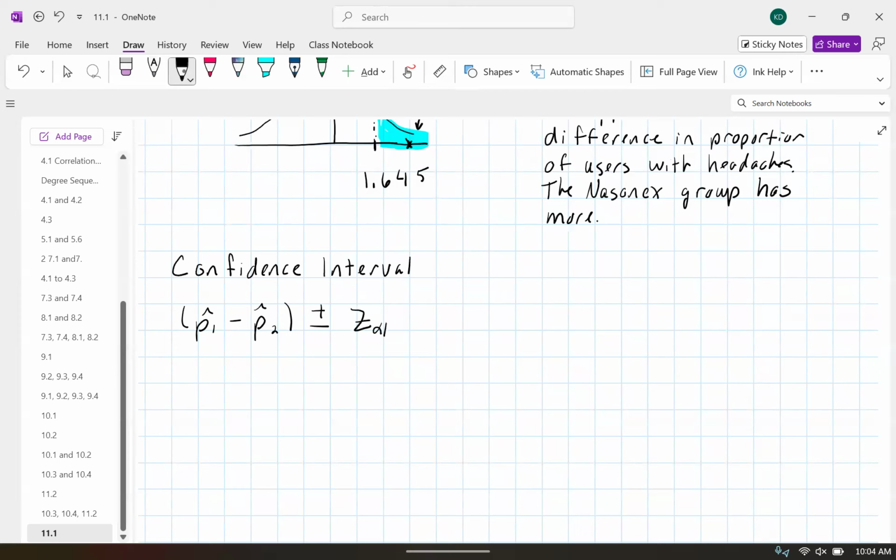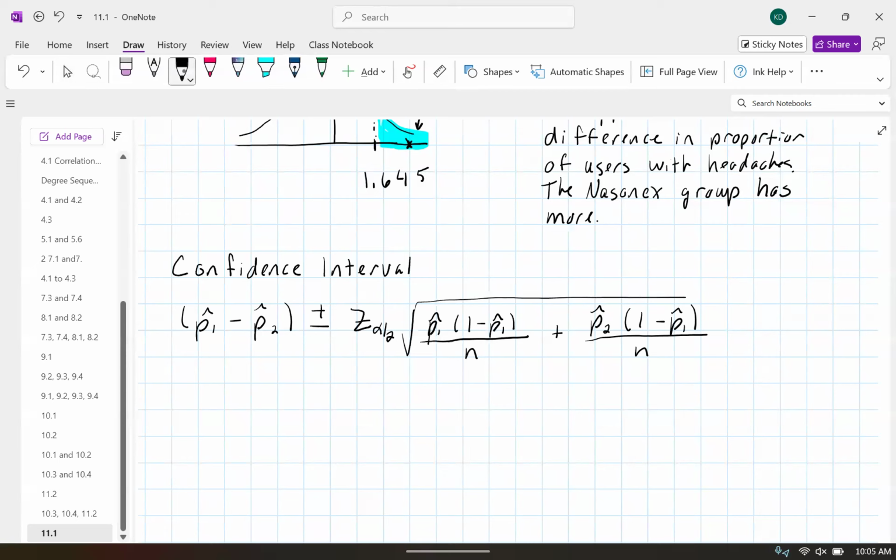You take your Z alpha over 2 times the square root of P1 hat 1 minus P1 hat all over N for our total number of users plus P2 hat 1 minus P2 hat all over N. So this will be our interval.